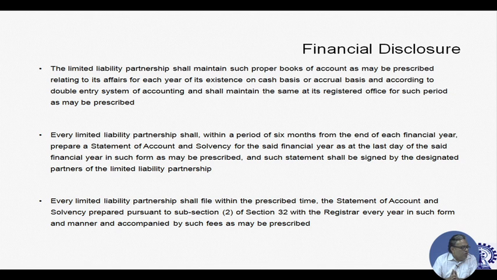Financial disclosure includes that the partnership needs to maintain proper books of account as prescribed under the law. That means what kind of capital you have, what assets you have, what liabilities you have incurred, what loans you have taken, and whether that particular loan has created any charge on the assets of the company. All these things need to be detailed out.